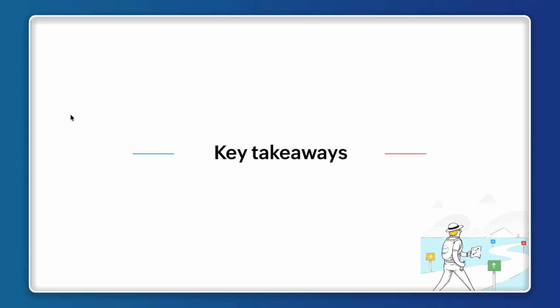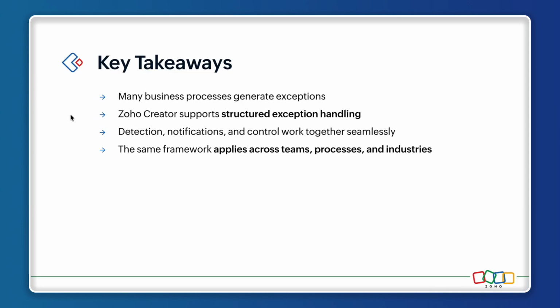Now I'll give a quick set of key takeaways for you to remember what we discussed in the live session before we conclude. We have a clear idea about what an exception is, right? Many business processes generate exceptions that are not errors, but need action at the right time. With the help of Zoho Creator features, we built a structured exception handling model that can fit into many industries.